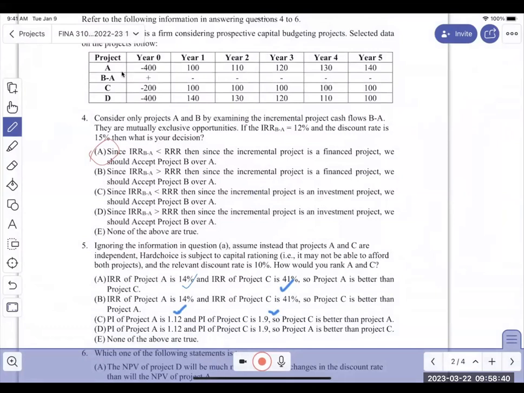So what's the decision? You have all the values. What is the decision?